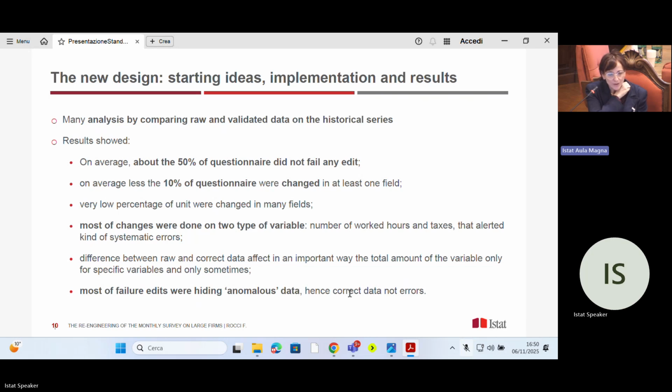Most changes were made on two types of variables: number of worked hours and taxes. That means that they could be classified as systematic errors. The difference between raw and corrected data affects the validated final data in an important way, on the total amount of the variable, only for specific variables and only sometimes. Most failures of edits were hiding anomalous data, hence correct but not errors.